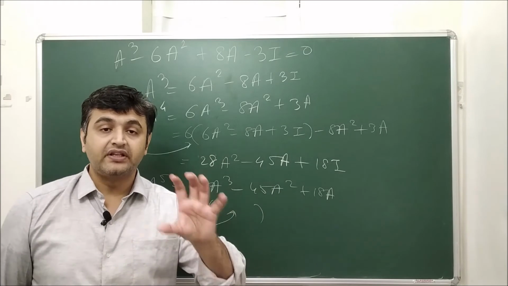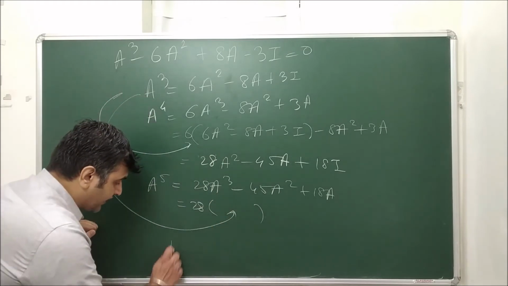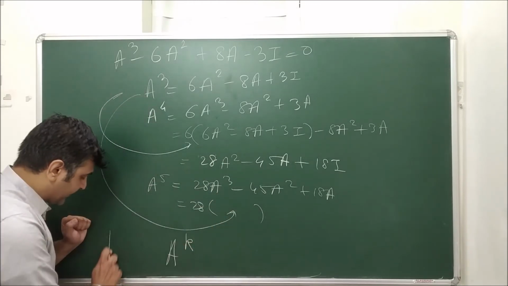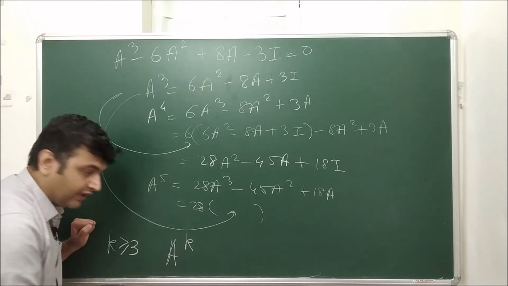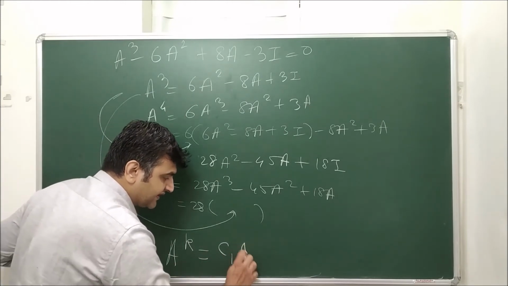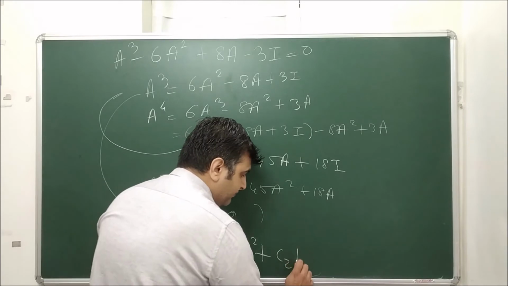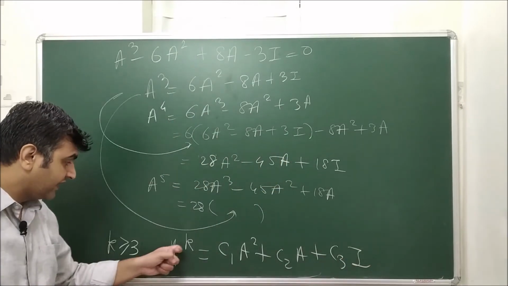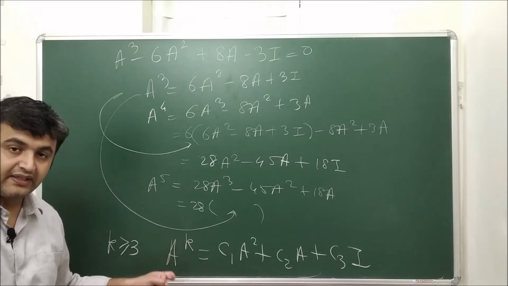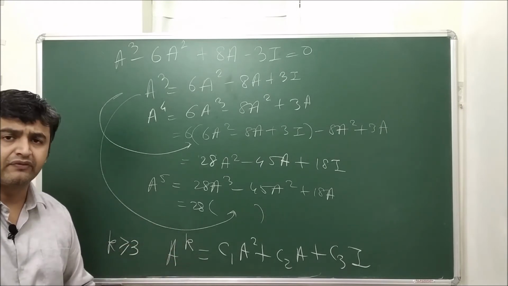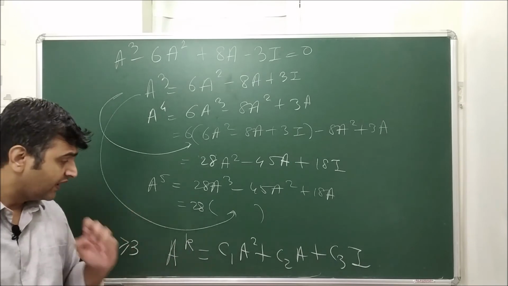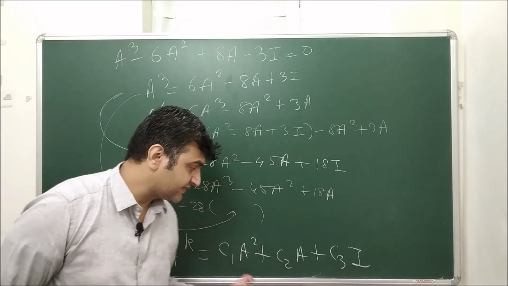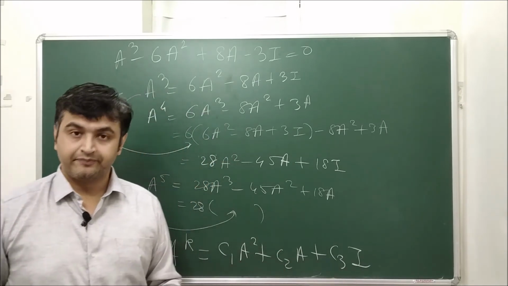So whenever you have a 3 cross 3 matrix, you take A raised to k, where k is greater than or equal to 3. It is nothing but some number times A square plus some number times A plus some number times identity. So you take A cube, A raised to 4, A raised to 5, A raised to 6 and so on. You take any power of A. Since it's a 3 cross 3 matrix, you can write them in this way for some scalars C1, C2, C3.